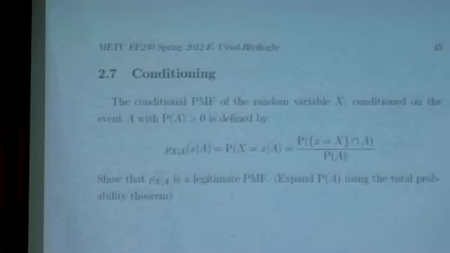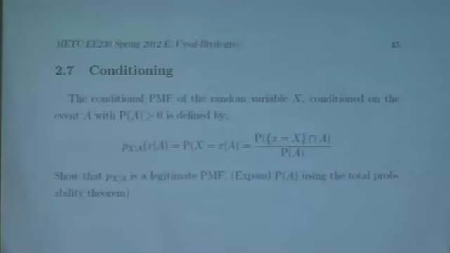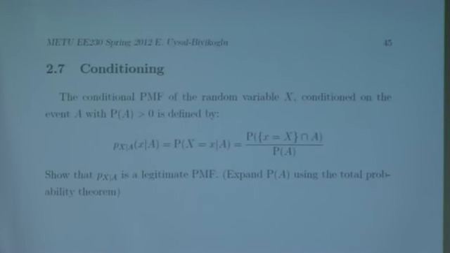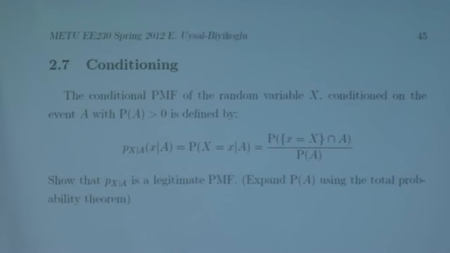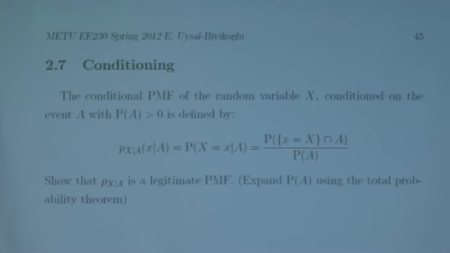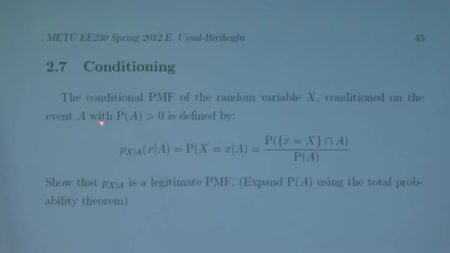The new topic for today is conditioning a random variable on an event. The conditional PMF, the conditional probability mass function of the random variable X, conditioned on an event A whose probability is different from 0, is defined by P_{X|A}(x), which is the probability that X is equal to x given that event A happened.